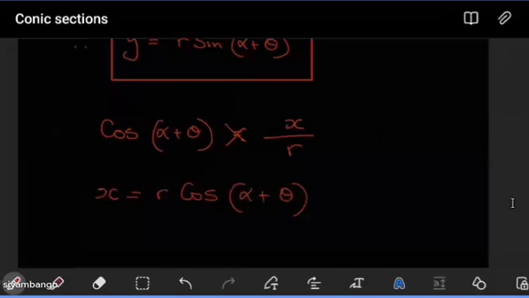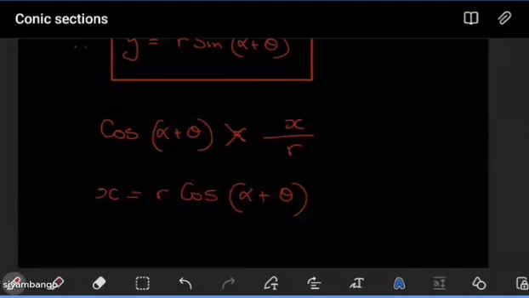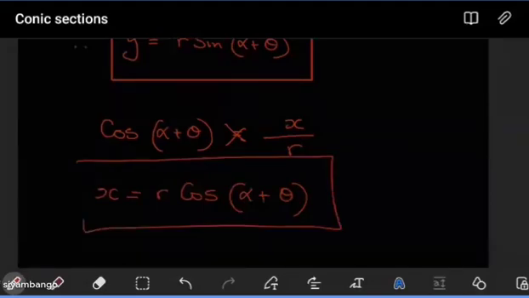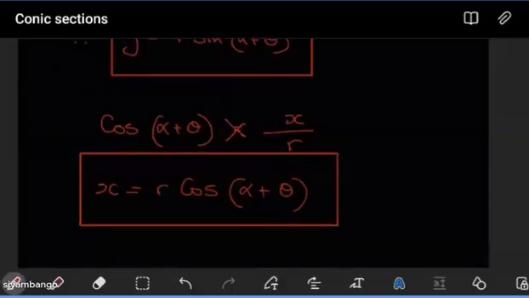So this is where we are now. Now, when you reach this point, you will have to remember the double angle identities. So I'll get this expression and the one for y. These are the expressions where I want to use the double angle identities.